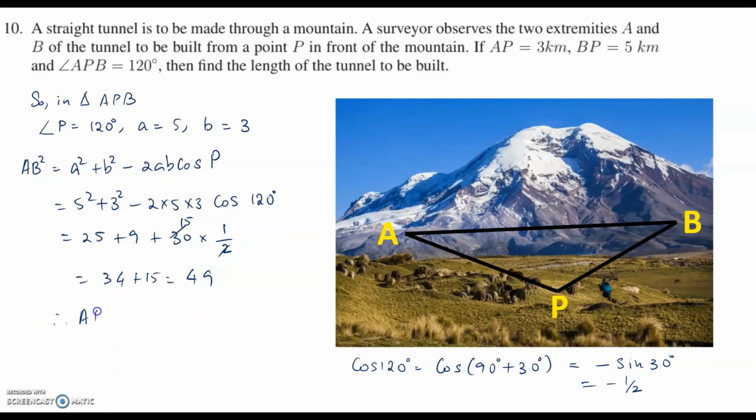Therefore, AB is equal to root 49, which is equal to 7. Therefore, the length of the tunnel built is 7 kilometers.